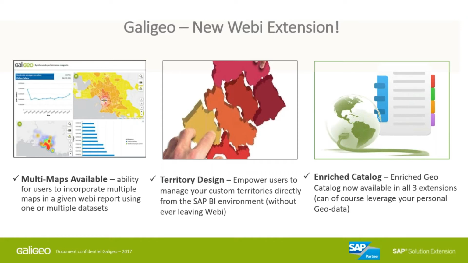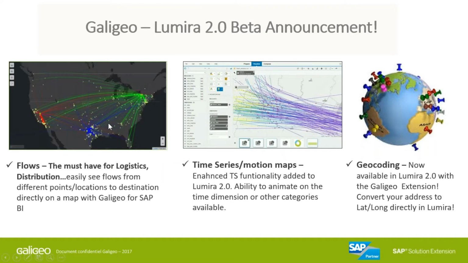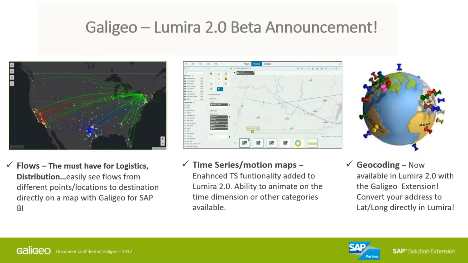Very similarly with Lumira, what we really wanted to focus today on was three core aspects, which are really going to be around a more enhanced motion maps or a more enhanced time series option.